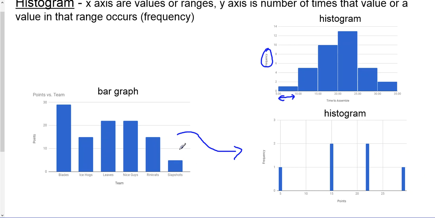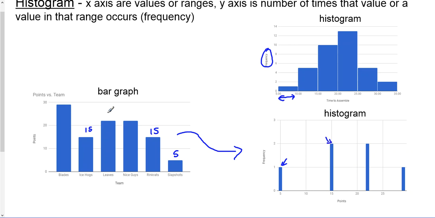There's one team here that has 5 points, so at 5 points we have a value of 1. There are 2 teams that have 15 points, so at 15 we have 2 right here.